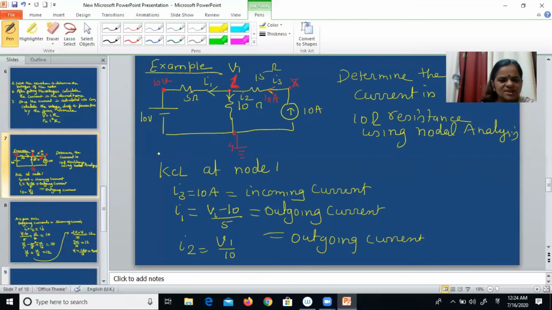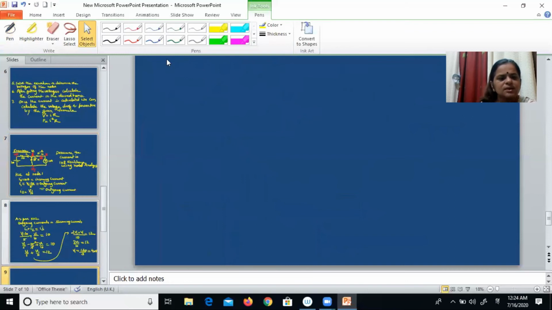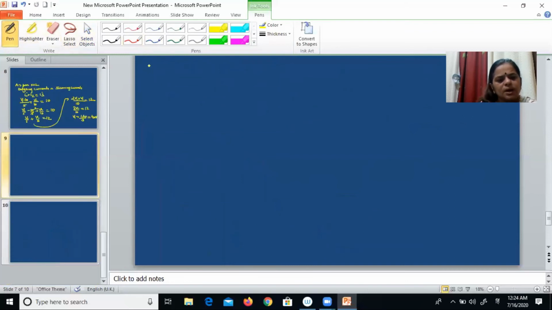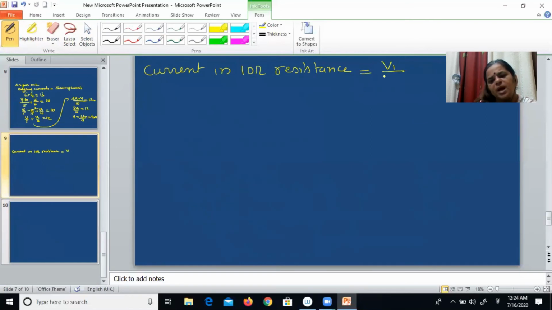So, what is the current in 10 ohm resistance? We know current in 10 ohm resistance is V1 by 10. And what is V1? 40 by 10. That means 4 amperes is the answer.